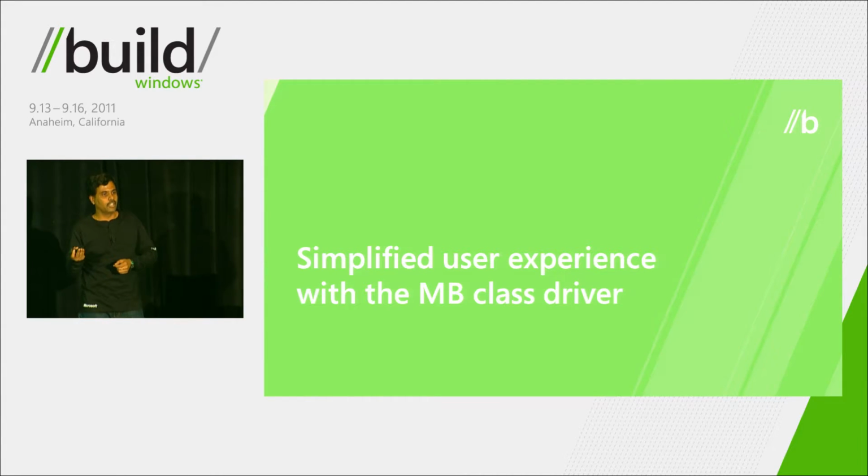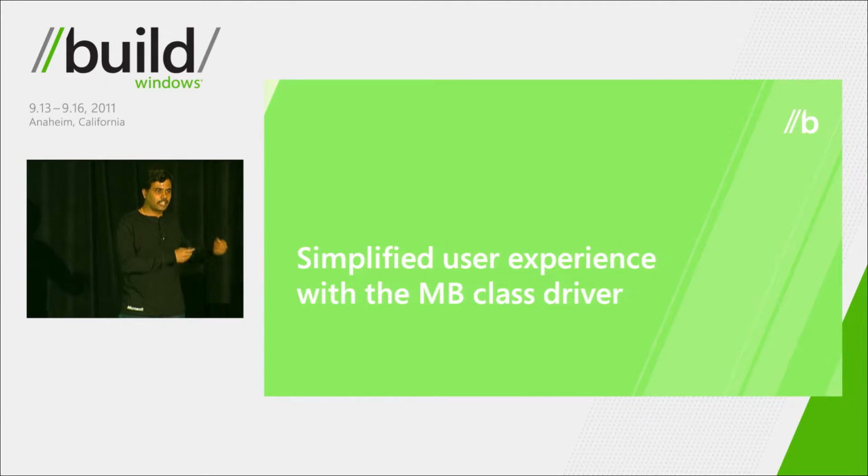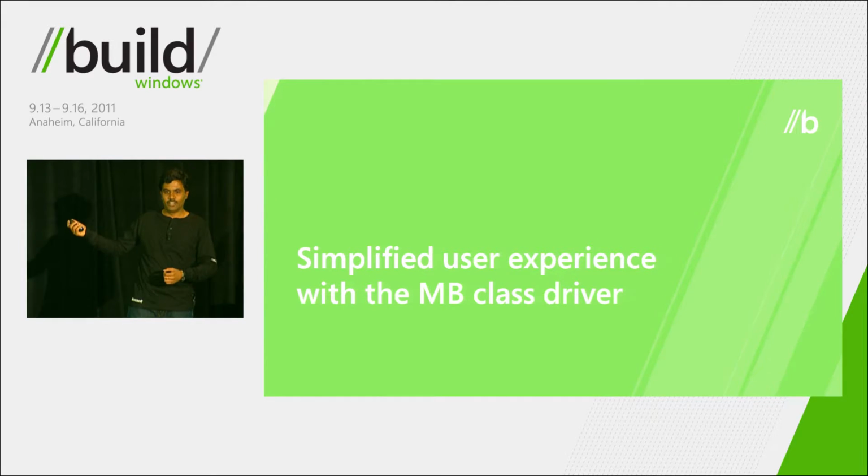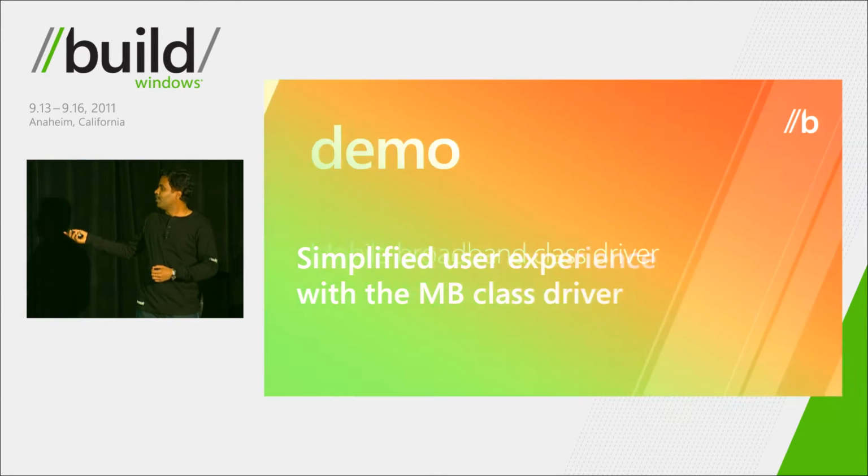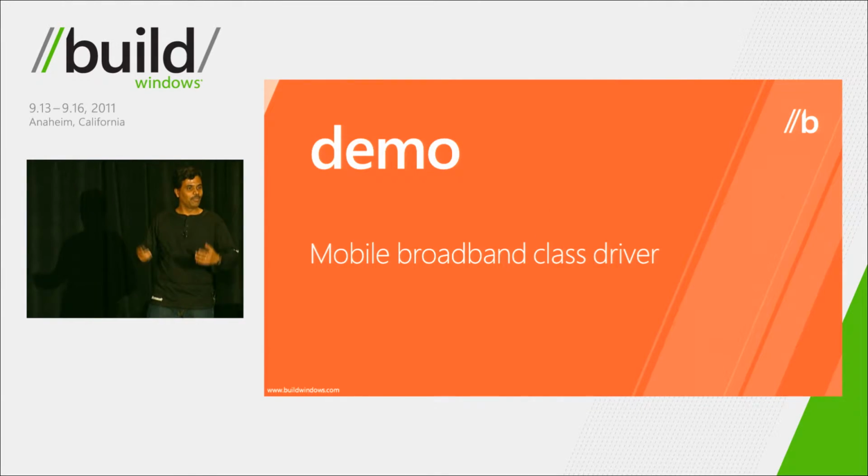One of the major investments that we are making in Windows 8, which takes us to the next level of the transformation, is to simplify the user experience with the introduction of mobile broadband class driver. Now, with some of the demos giving us a little bit of trouble, I start this with the demo.